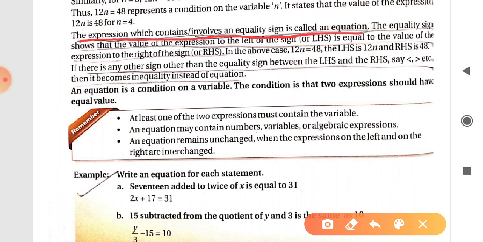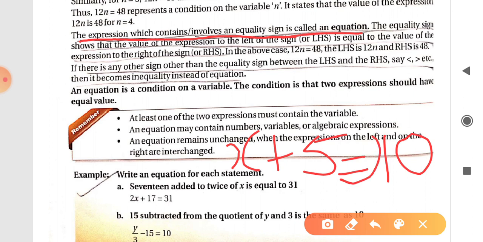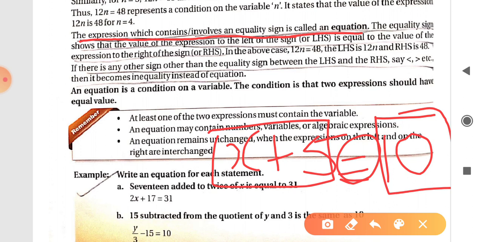For example, if I write x plus 5 is equal to 10, there is a sign of equality, so this is known as equation. This is an algebraic expression and this is also an algebraic expression, and when two algebraic expressions are equal, then this will be known as equation.